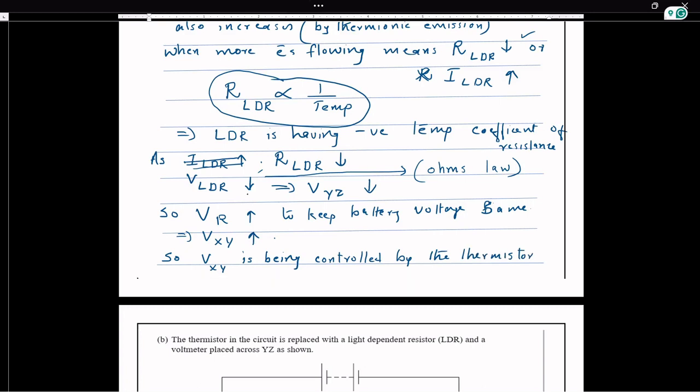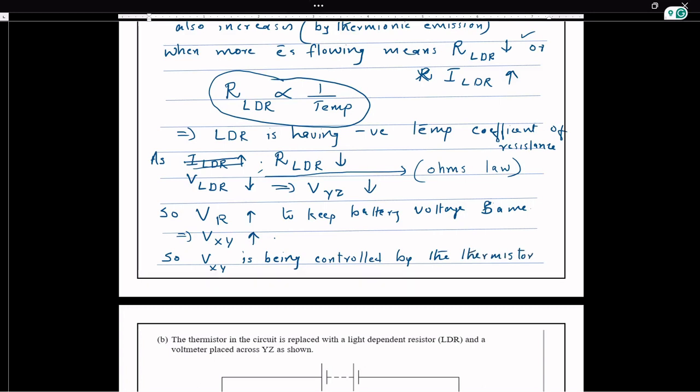Because this is the case when the temperature is increasing. Similarly, if the temperature decreases, VXY decreases. Voltage across the thermistor increases and voltage across XY is decreasing. So both ways it is controlled by the thermistor.